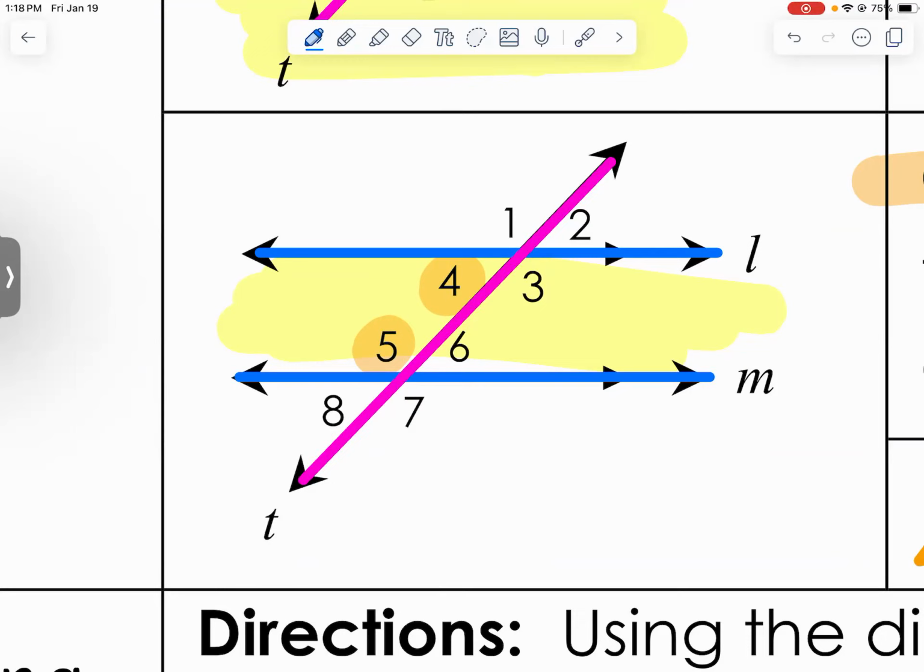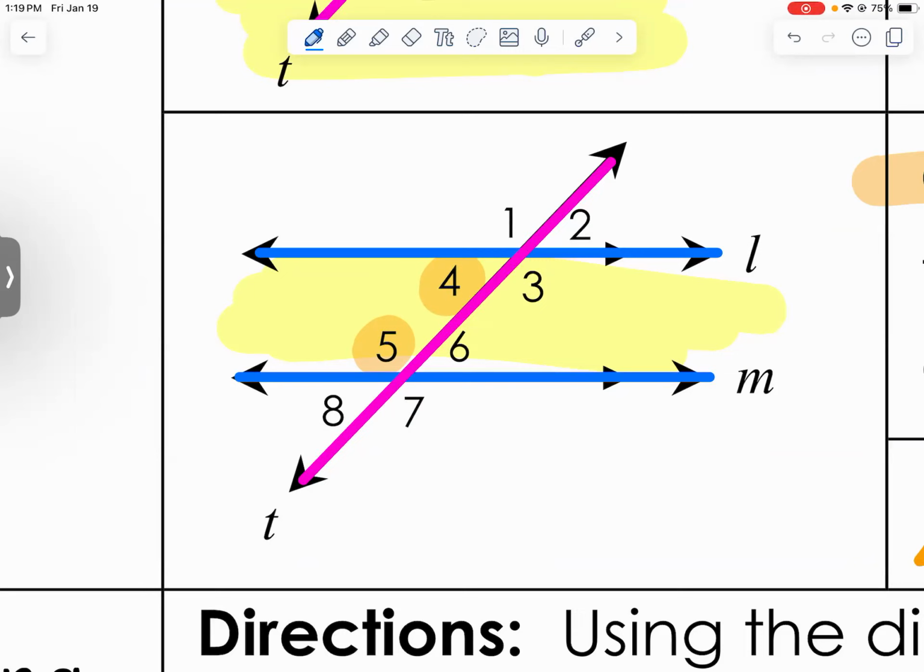Now we've talked about how angles, like in this picture right here, angles 3 and 5 are alternate interior angles and they're congruent. So 4 and 5 are different, but they're still special. Angle 4 and angle 5 are different, but what's special about their relationship? Any ideas? They're on the same side.